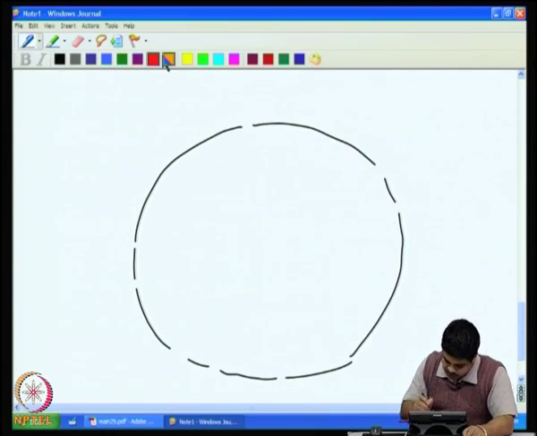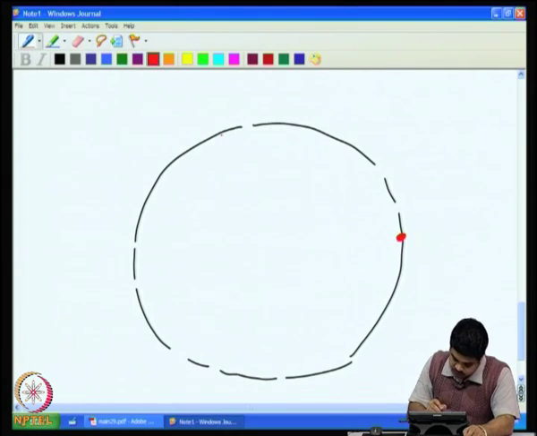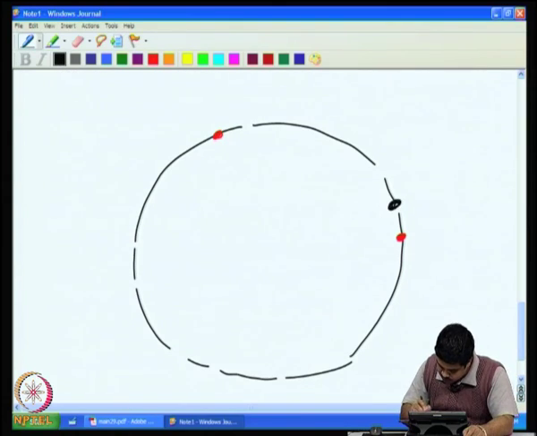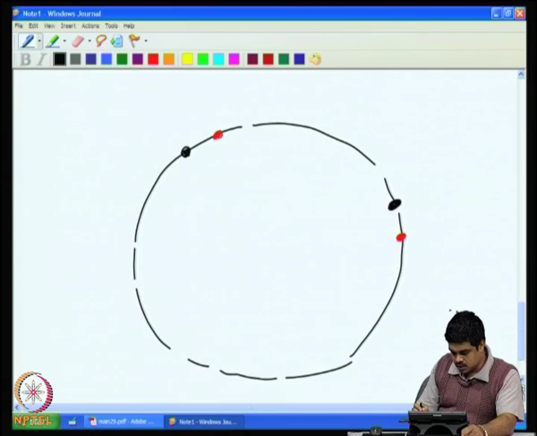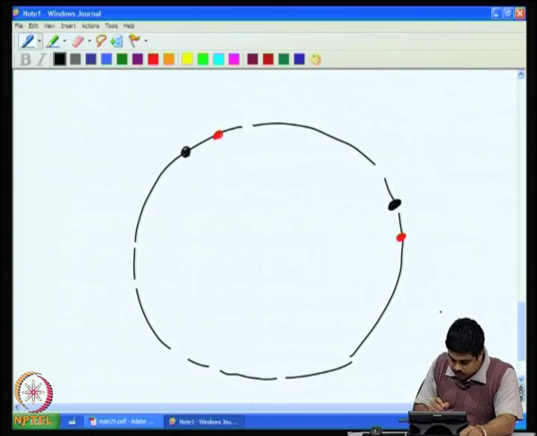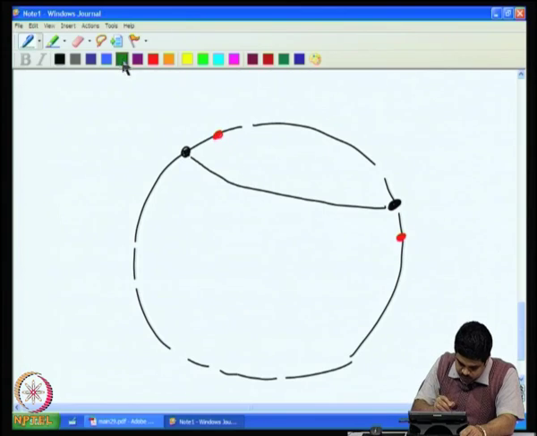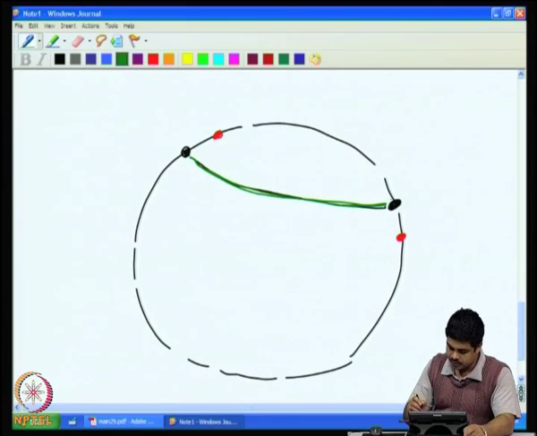I mark a red vertex here, and then I mark another red vertex here, and then I mark one black vertex here, and one black vertex here. Now, suppose this connection is there, this green connection is there here.